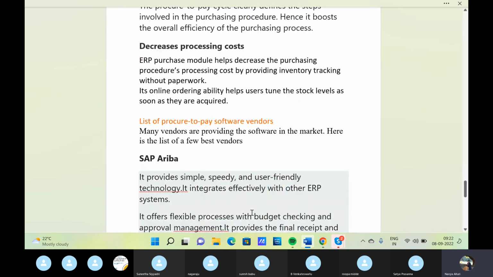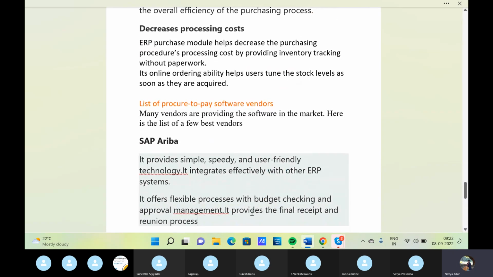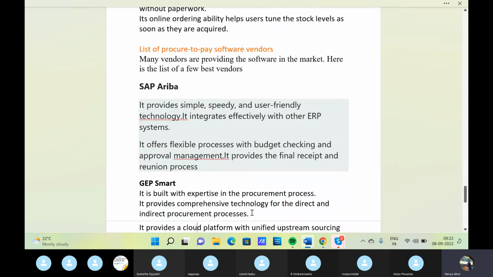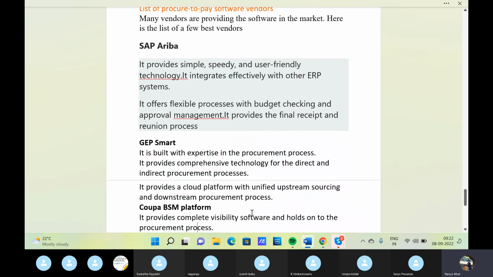Many vendors use many software tools. I will mention only three: SAP Ariba, GP Smart, and Coupa BSM. SAP Ariba, you know very well, provides simplicity and speed, and it is the most used by vendors.